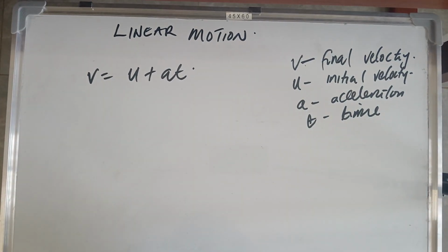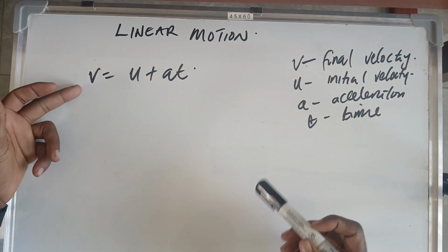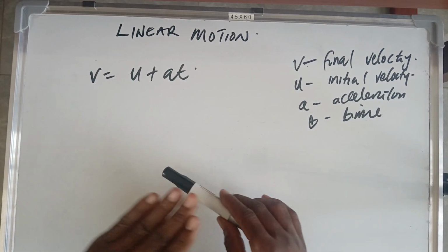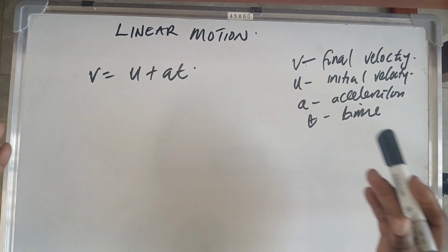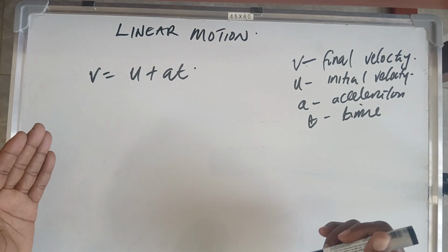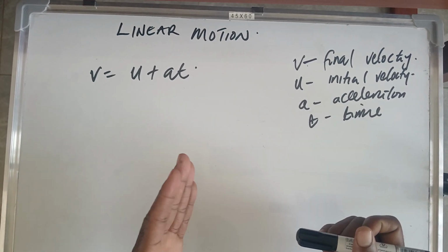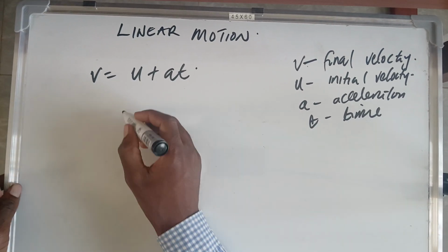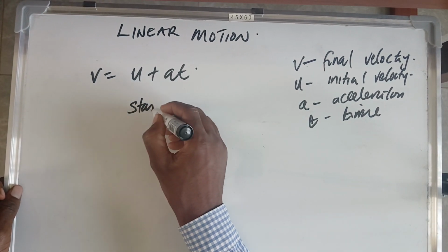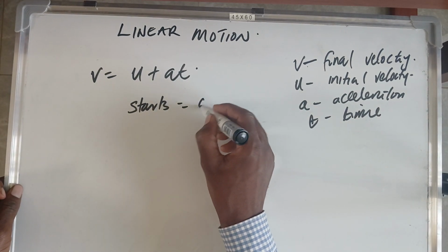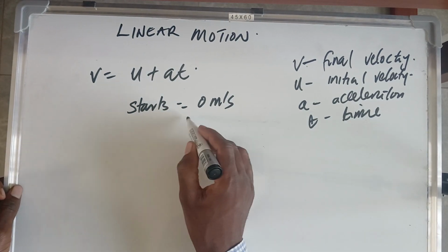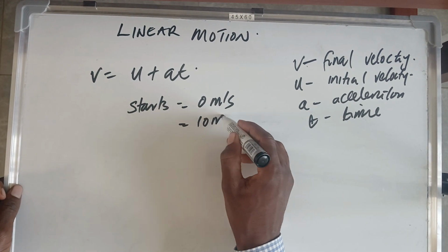Now, it's very important for us to understand what final velocity and initial velocity are. So, if a car starts moving from 0 meters per second, and then increases its velocity up to maybe 10 meters per second. So it starts, let's say, at 0 meters per second. Then it goes all the way to 10 meters per second.